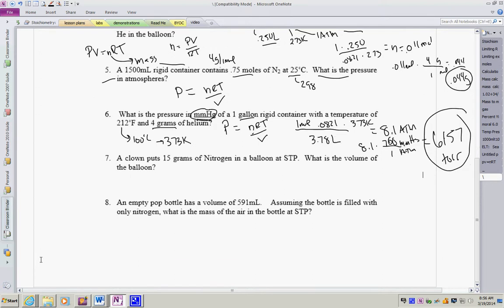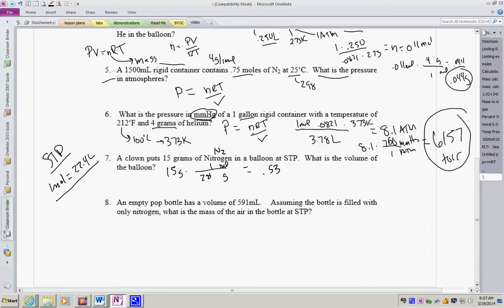Number 7, a clown puts 15 grams of nitrogen in a balloon. What's the volume? So 15 grams to moles. 1 mole of nitrogen gas, N2, keep that in mind, is 28 grams. 15 divided by 28 equals 0.53 moles. A side comment: at STP, 1 mole of any gas equals 22.4 liters.